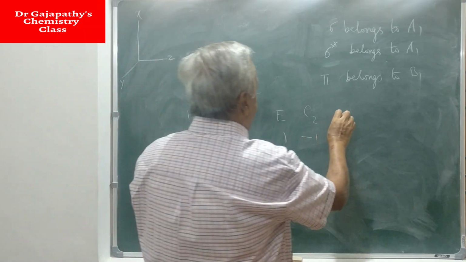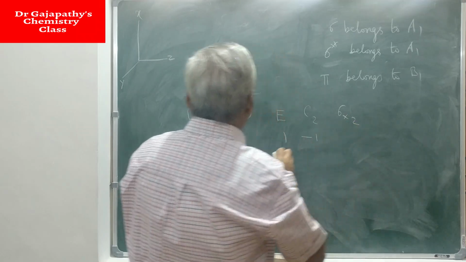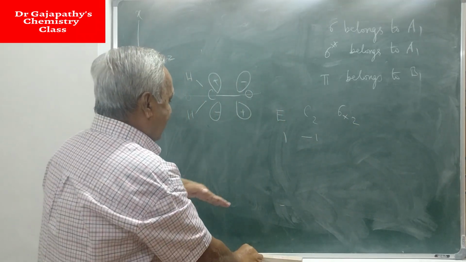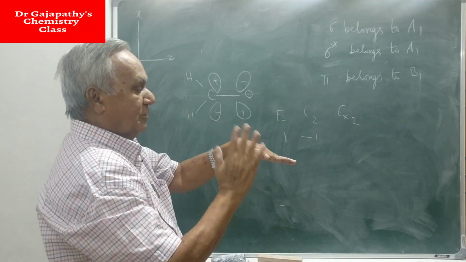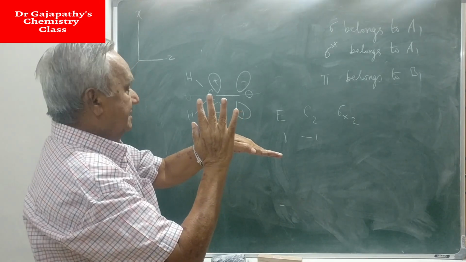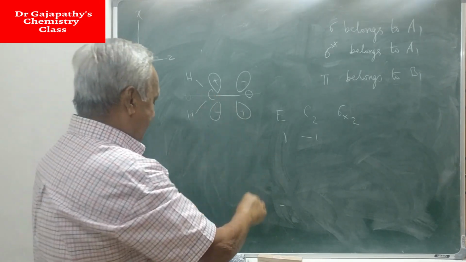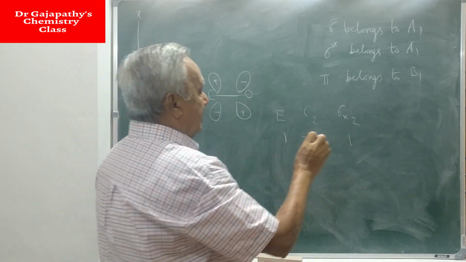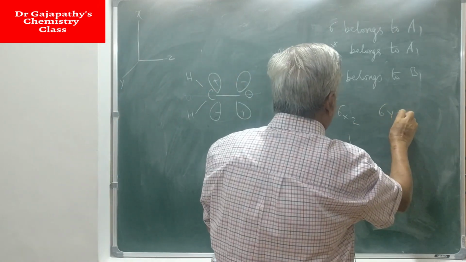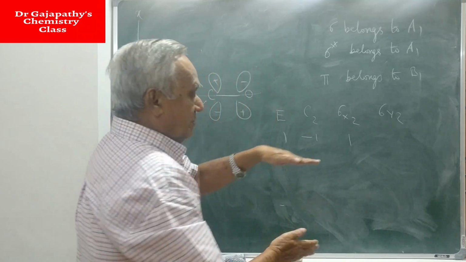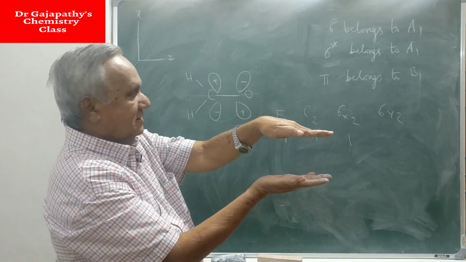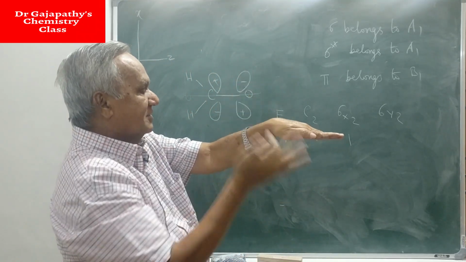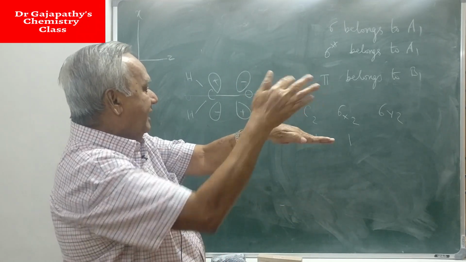Sigma xz. The molecule is like this. I put a mirror here and reflect. Nothing will happen. So it is +1. Sigma yz. I put a mirror here and reflect. The minus goes above, plus comes down. Plus goes above, minus comes down.